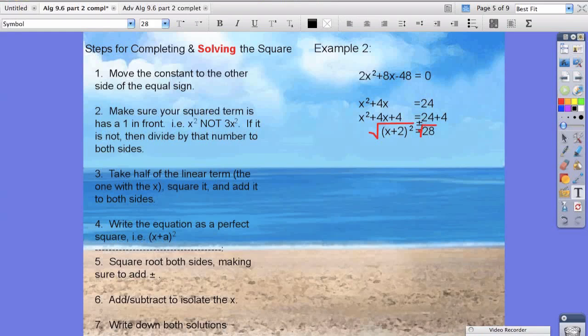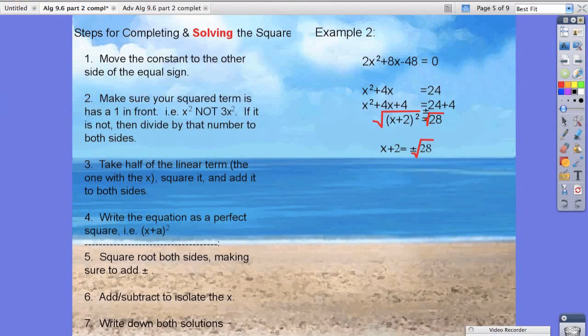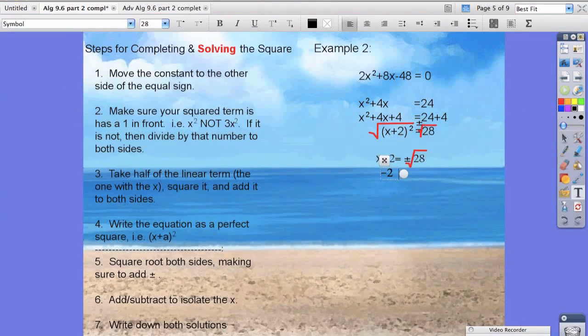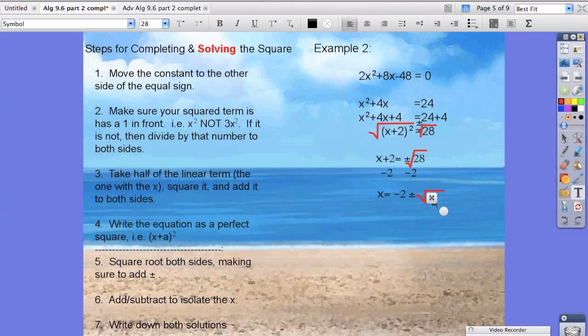So we're left with x plus 2 equals plus or minus the square root of 28. So that's step 5. Step 6 is to add or subtract to isolate the x. So we're going to subtract 2 from both sides to get the x by itself. We're left with x equals negative 2 plus or minus the square root of 28.